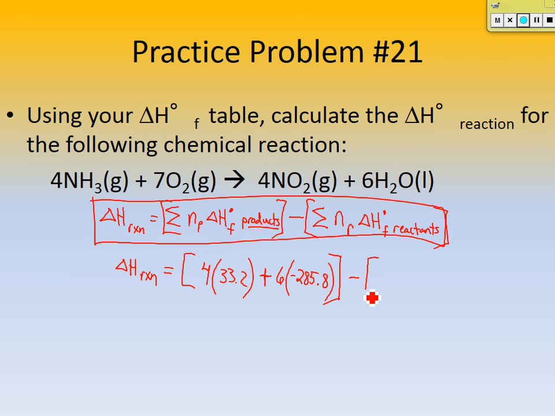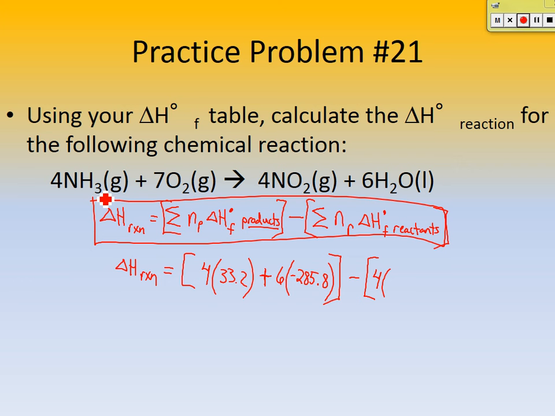I always like to put another bracket symbol here when we start the reactants. So I throw in a bracket symbol. N, what does that stand for? The number of moles, right? So of my reactants, let's go over here. I've got 4 moles of NH3, so I'm going to put a 4 right here. Now let's look up what the enthalpy of formation is for this NH3 molecule. So ammonia in the gas phase.